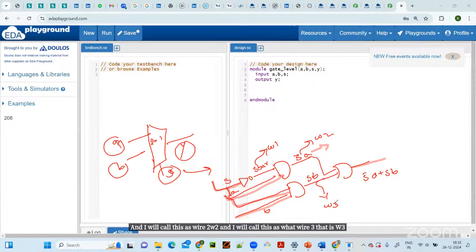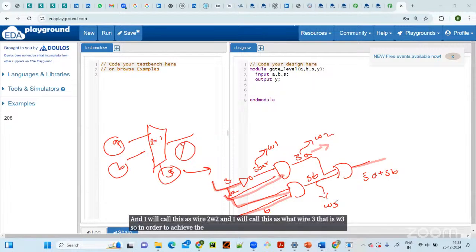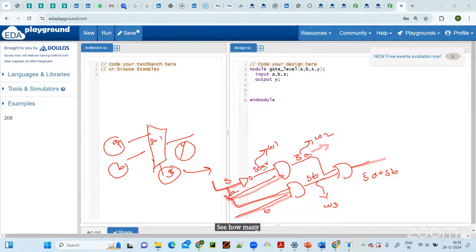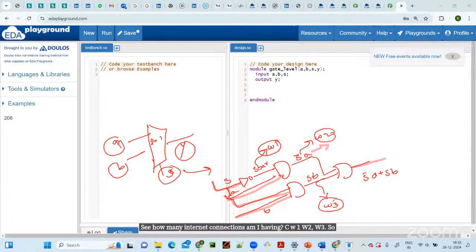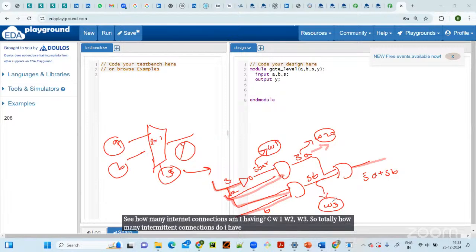In order to achieve the functionality of a 2 cross 1 mux using the gate level modeling style, how many intermediate connections do I need here, guys? W1, W2, W3. So totally I have 3 intermediate connections, and intermediate connections are nothing but wires. So apart from inputs and outputs, what else should I declare here?